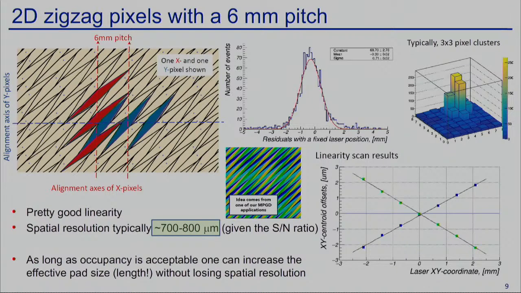One can see that resolutions below a millimeter, given the signal-to-noise ratio which we had, are pretty achievable. And the important part is the sentence below: as long as occupancy is acceptable, it's kind of obvious that you can stack these pixels vertically and will not lose the spatial resolution, but can decrease by a substantial factor the number of instrumented channels, if this is a concern.